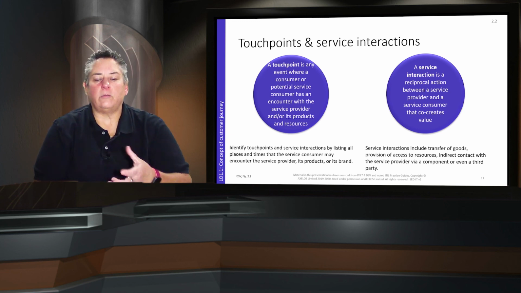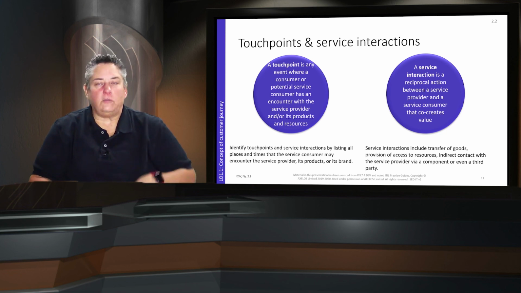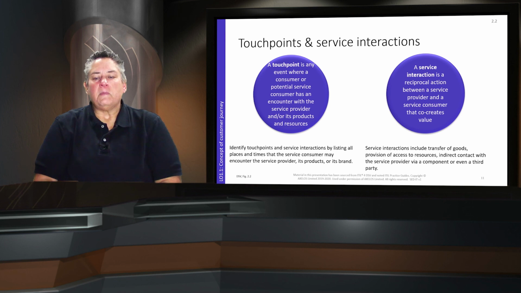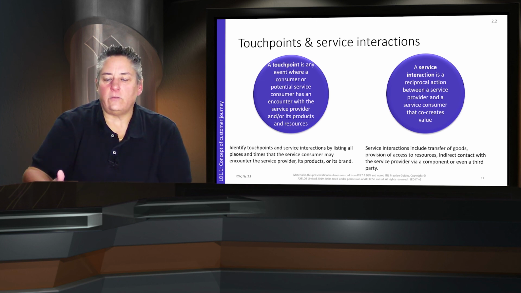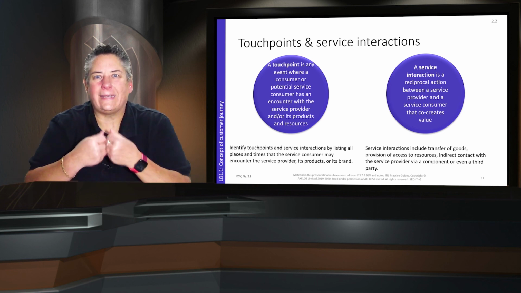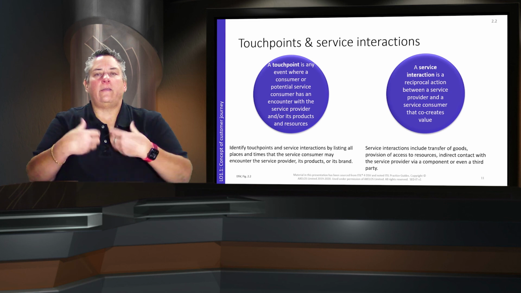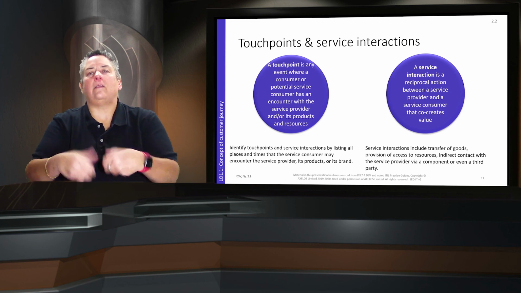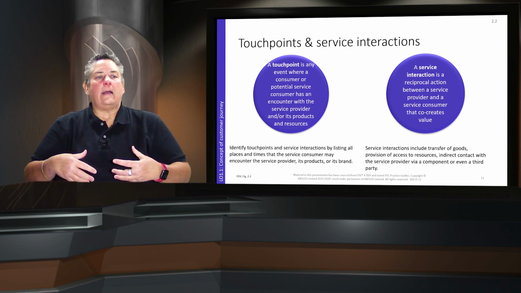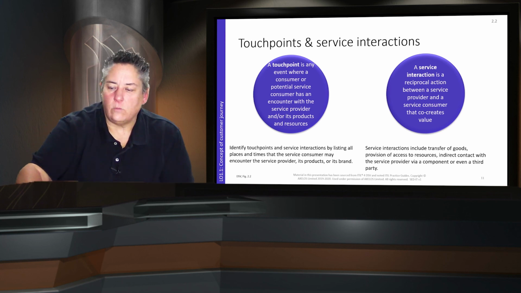It could be an indirect contact with that service provider via a component or even a third party. It could be joint service actions. So whatever it is that you're delivering, that is the interaction, is what does that consumer get, or what are they receiving? And what is the expectation that they're getting that allows them to create the value that they want to achieve?